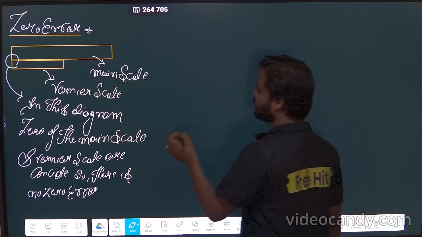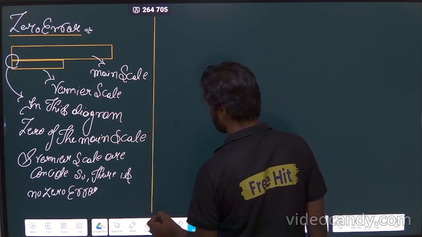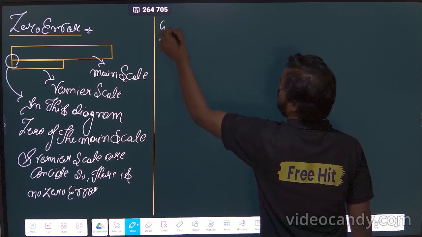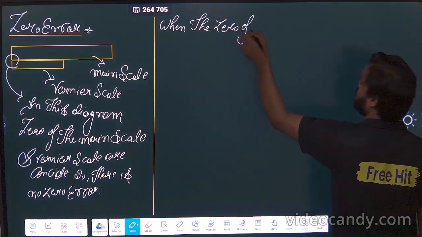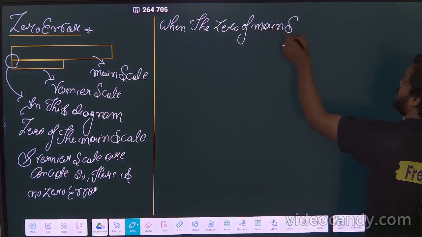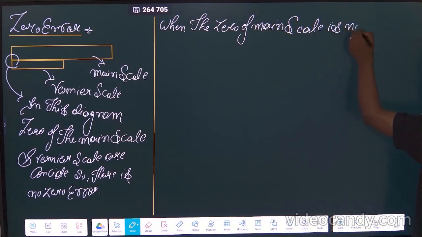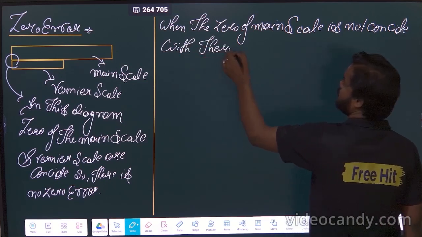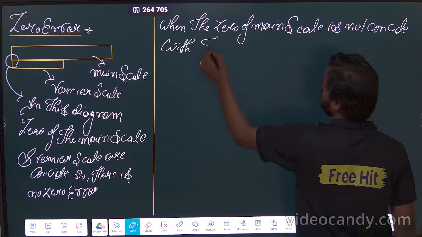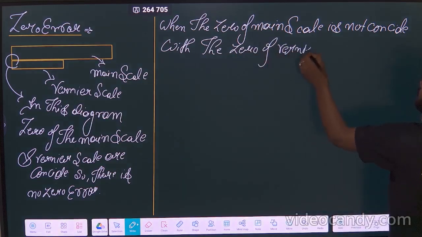So what is zero error? Zero error means when the zero of the main scale does not coincide with the zero of the vernier scale.